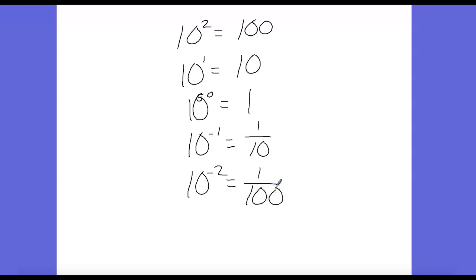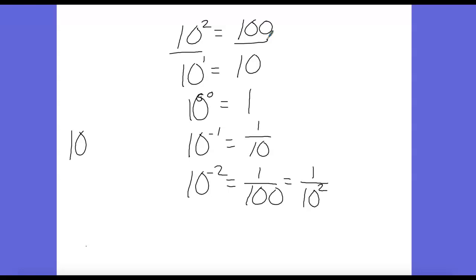Okay? Could I say that this is also the same as 1 over 10 squared? Yes. Because 10 squared, we set up here, is the same as 100. So then could I just say the same thing?